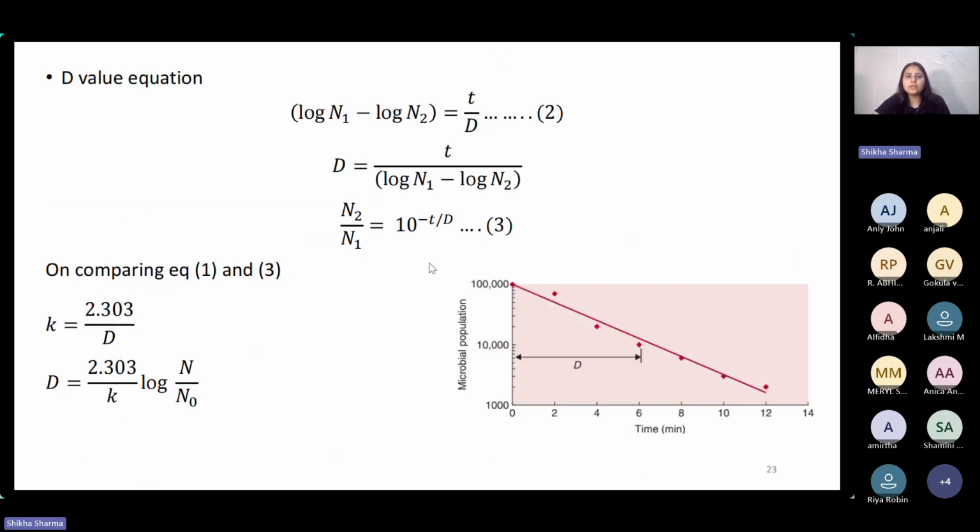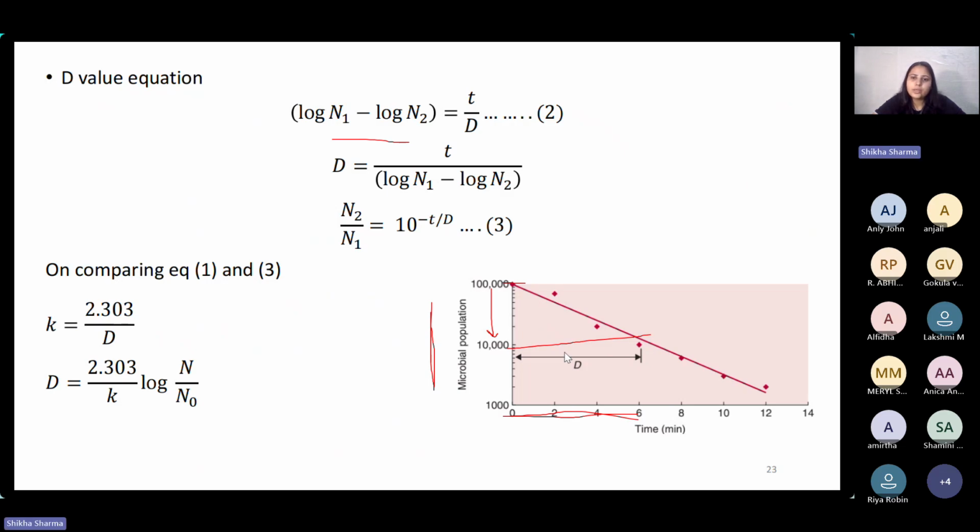So the D value equation is log n1 minus log n2 equals t by D. We can see that from this population to this population, that is log n1 minus log n2, because this scale is a log scale, equals t by D, which is how much time it takes to get this much.